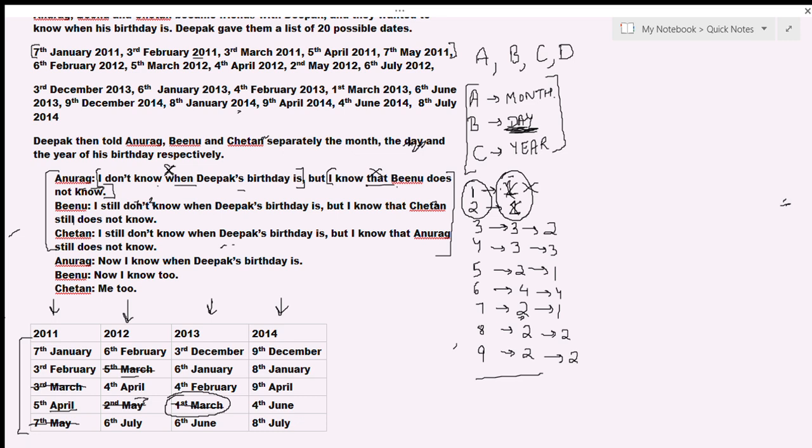If the date is not 5th, then we can eliminate this part, as there's only one date which is 5th. Also, the date must not be 7th of January because this also appears only once. So now this part has been removed and this part also has been removed. Two more dates have been eliminated using this part of the information.